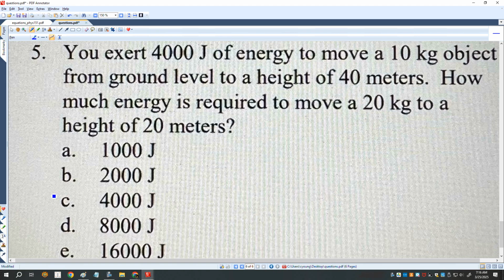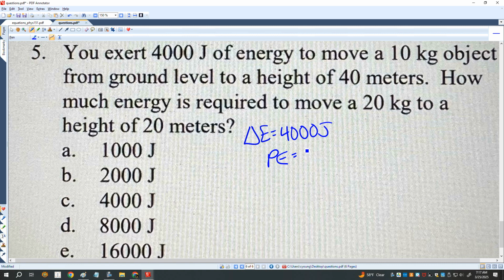I wouldn't ask you such a question, but let's go through it anyway. Notice here for this first one that the change in energy, I tell you, is 4,000 joules. And that's to move this 10 kilogram object.